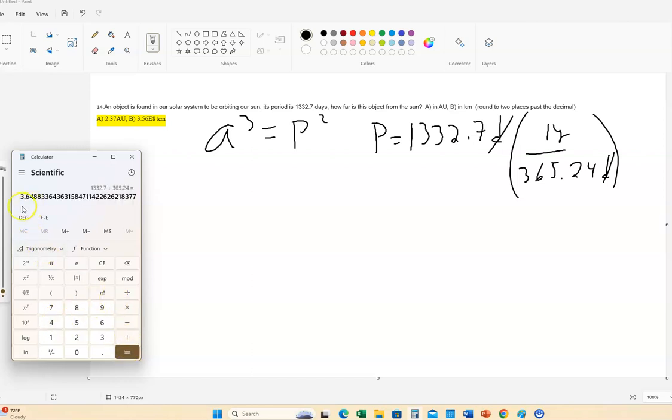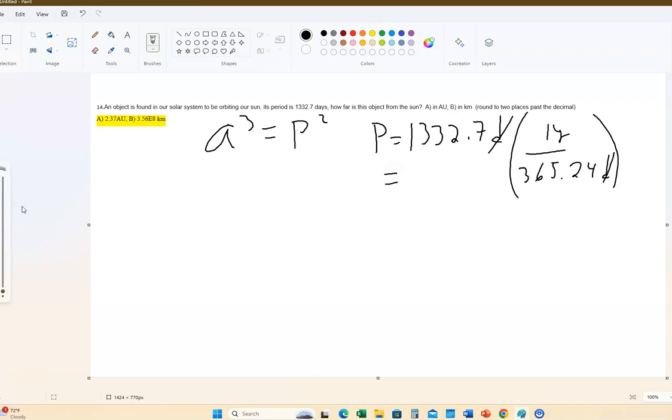It would take this object like 3.65 years, something like that. We're not going to round it here. I'm going to use the unrounded number in my calculator to do the final answer, right?